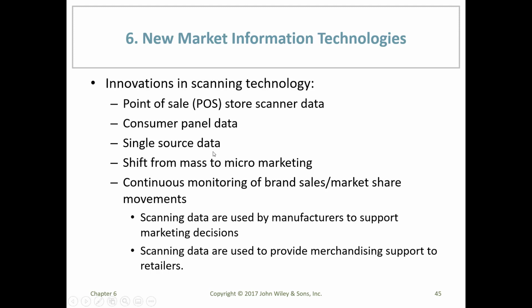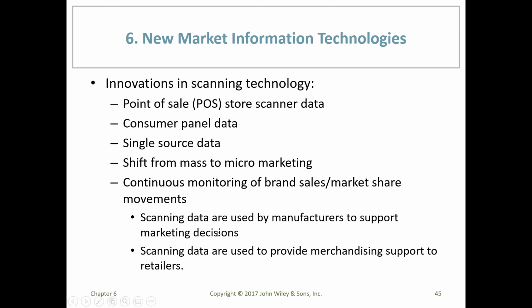Single source data is just combining different sources of data. So we might combine somebody's TV viewing habits with what they shop online. Again, there'll be a panel with somebody from Nielsen, and they will have something on their media which will record what they watch. But they will also maybe have a mini scanner of their own where they scan everything they buy, and that's recorded as well.